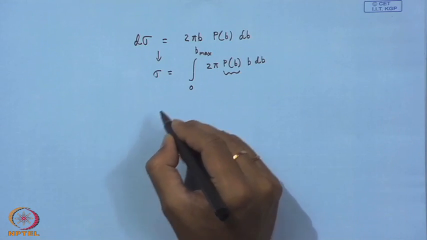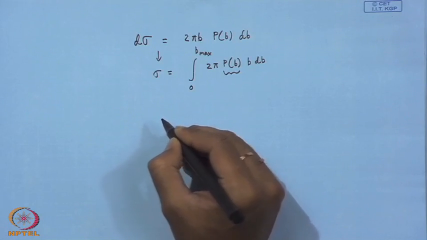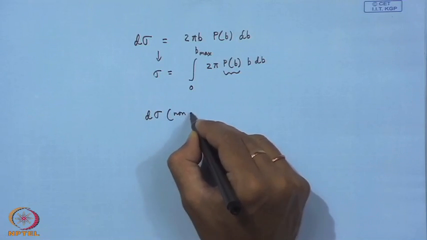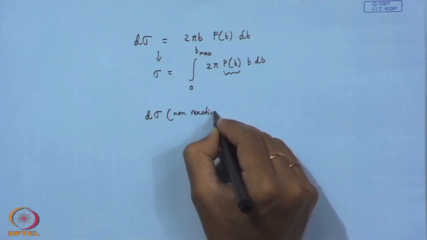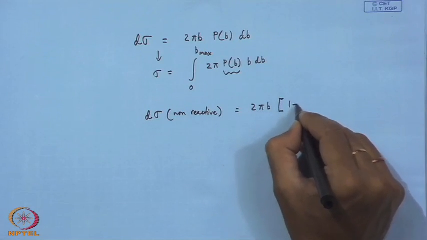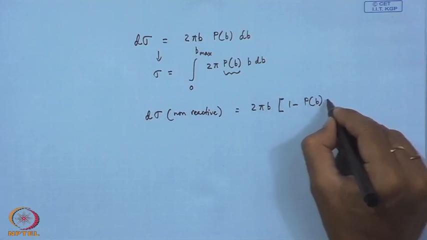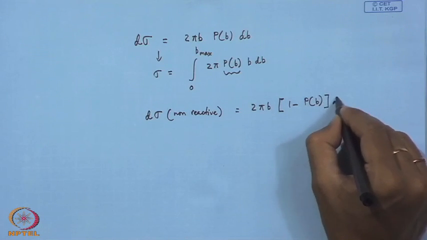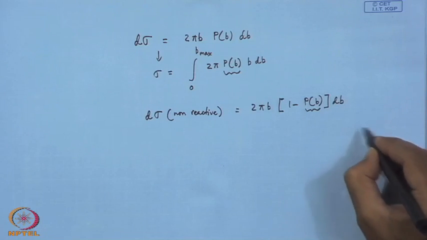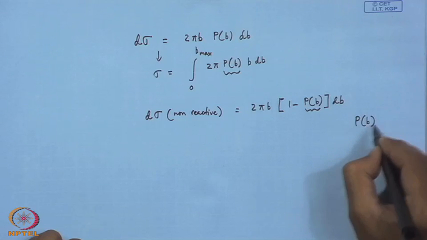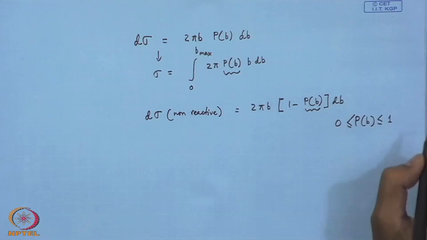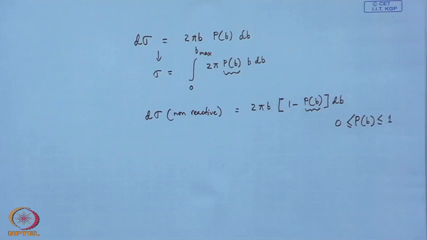So for the non-reactive cross section you can write dσ non-reactive, which is equal to 2π b into (1 minus P(b)) db. P(b) is the measure of the probability of reaction to occur.